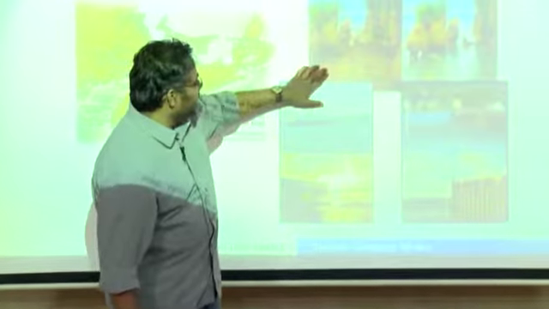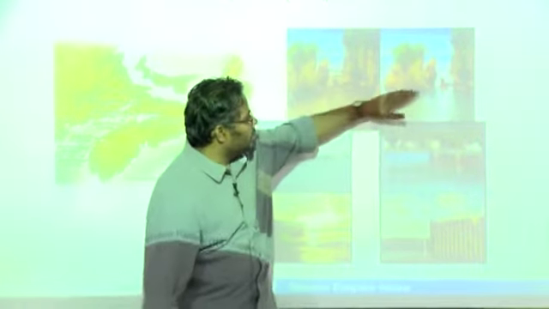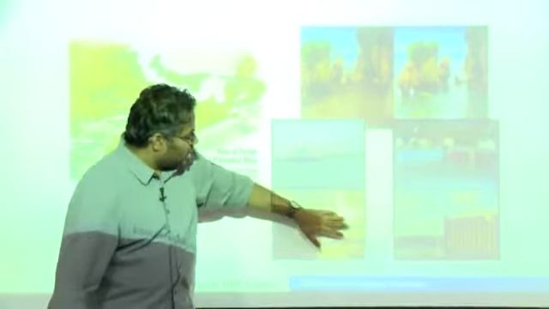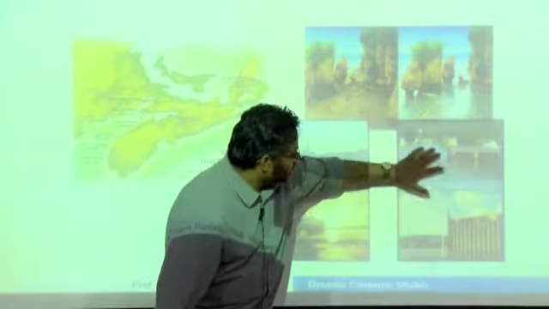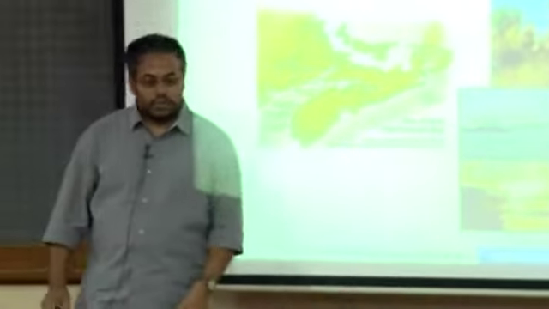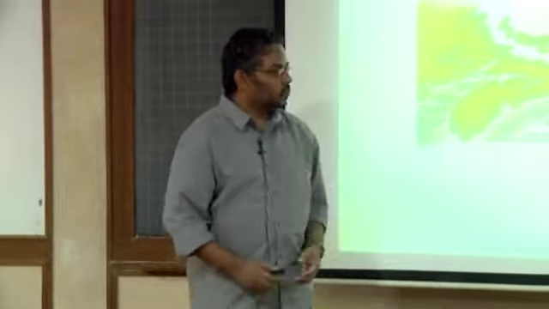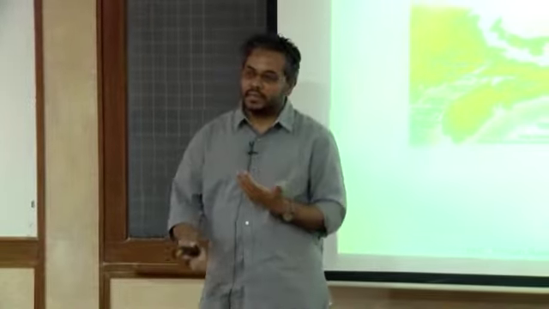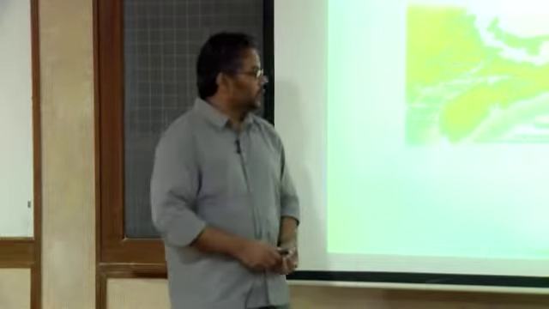This is the Hopewell Rocks, where you can see some idea of the people and the water height. Again, here you can see the difference in water height. This happens twice a day. There are places where the difference between high tide and low tide is actually 17 meters. You can imagine the volume of water that comes in and goes out, 17 meters.